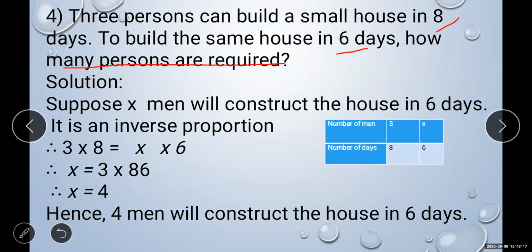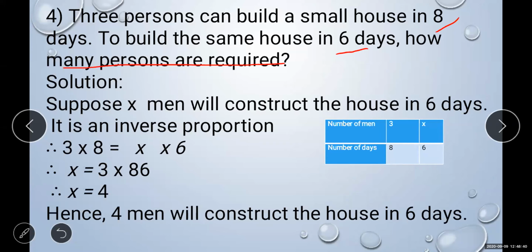So what we have to find out is how many persons are required. We don't know the number, so we take it as X. Suppose X men will construct the same house in 6 days, as it is an inverse proportion.